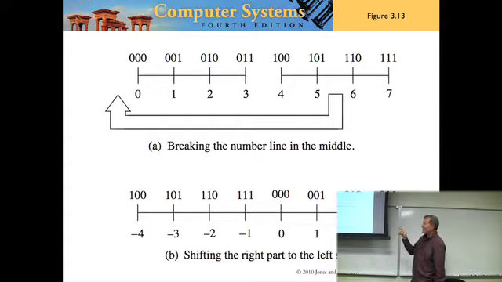But look here at figure 3.13. It's like breaking the number line in the middle and then shifting the right part to the left side. All you have to do is convert the number as if it were a positive number, as if it were unsigned. Are you with me?